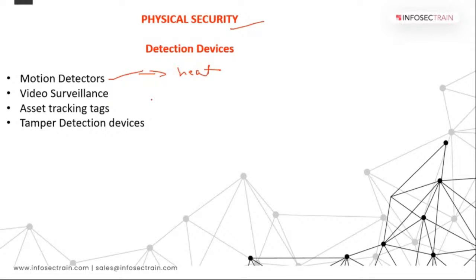So if the microwaves will be changing up and down, then they will alert the administrator that someone is there in front of your server, right?